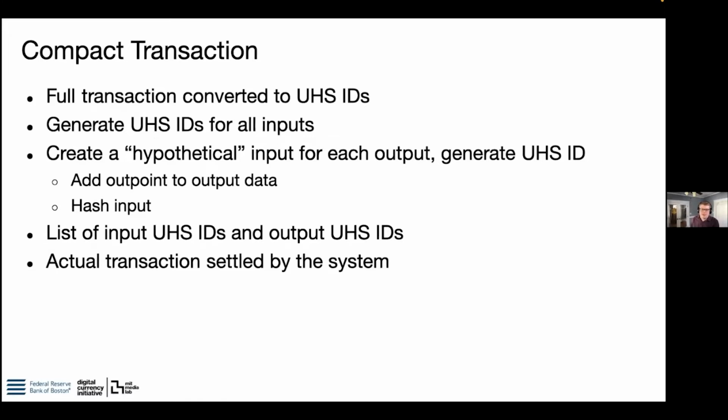We just generate the transaction ID and the index of that output in the transaction, combine it with the output data to generate an input, hash that input, and that becomes the UHS ID that would be inserted into the UHS. So once we get this list of input UHS IDs and output UHS IDs, that's the actual transaction that's really getting settled by the system.